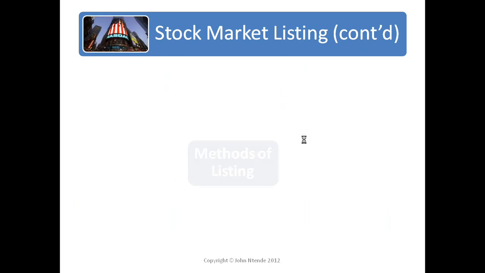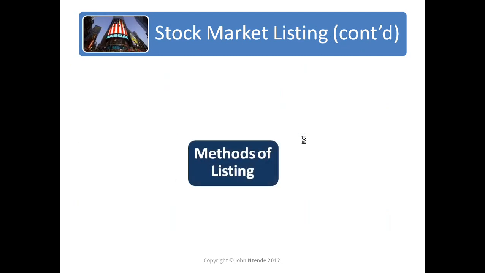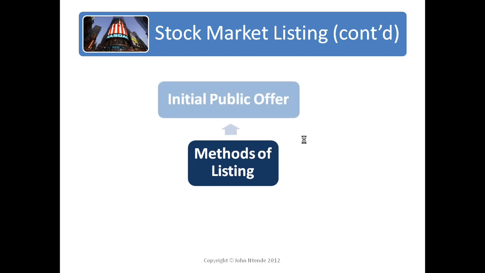Next, we shall look at the methods of obtaining a listing. The first one is called an initial public offer. An initial public offer is an offer to the general public for the first time, based on information contained in what is called a prospectus.